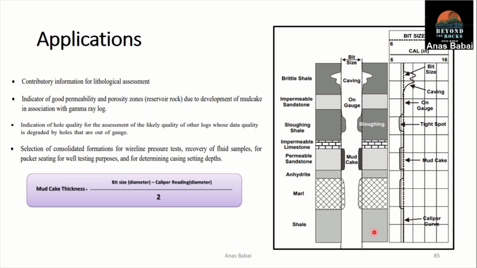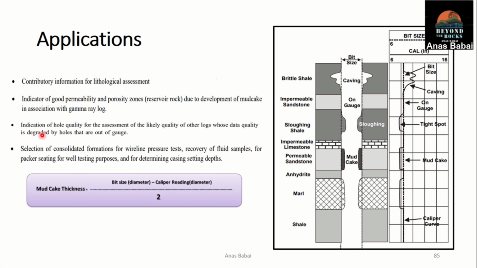A good indicator of permeability and porosity is the development of mud cake. As we see here in this interval, we have mud cake, and we can see here that the dashed line is the bit size. So there is a decrease in the caliper log, and that indicates a mud cake along a permeable sandstone.